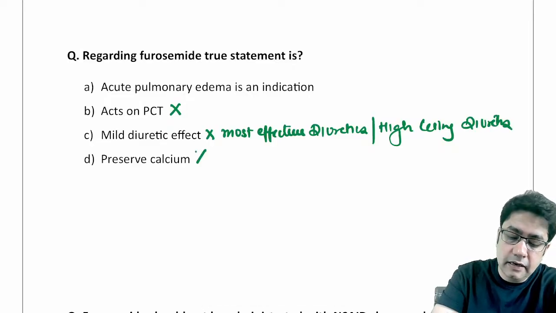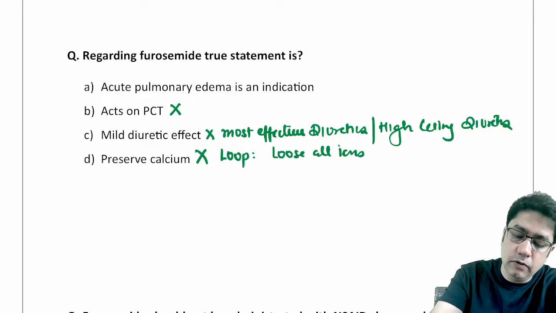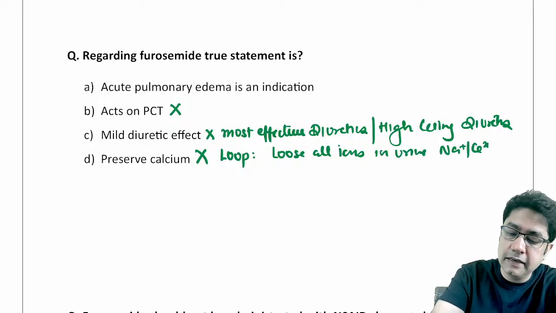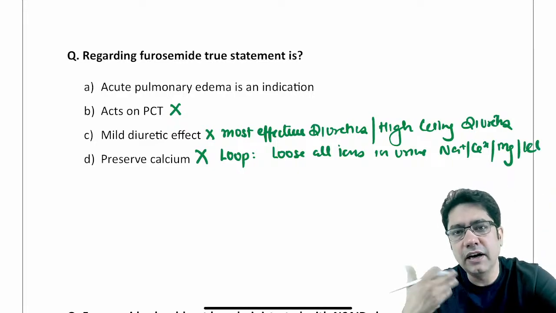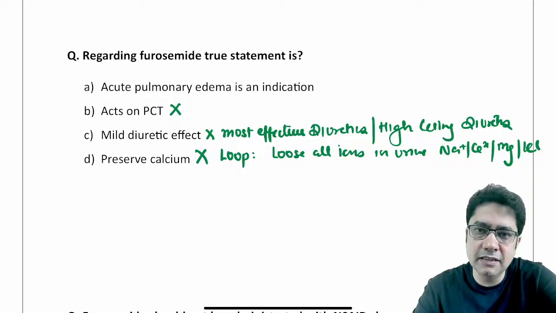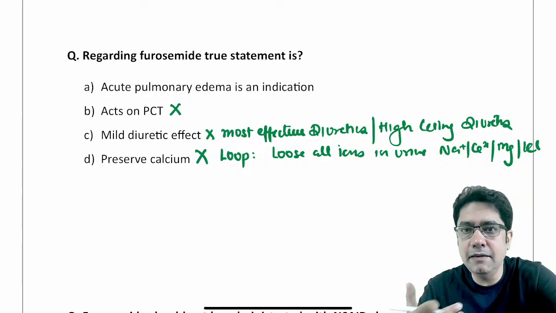And remember, loop diuretic loses all ions in urine, whether it is sodium, calcium, magnesium, potassium. That is why it is given in the treatment of hypercalcemia in blood, hypermagnesemia in blood, and hyperkalemia or potassium level is increased.